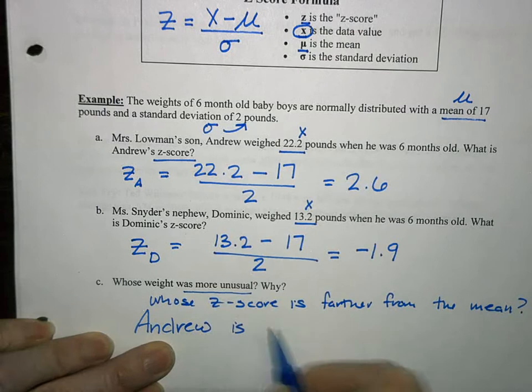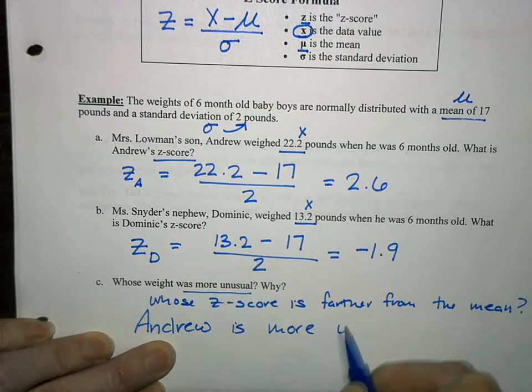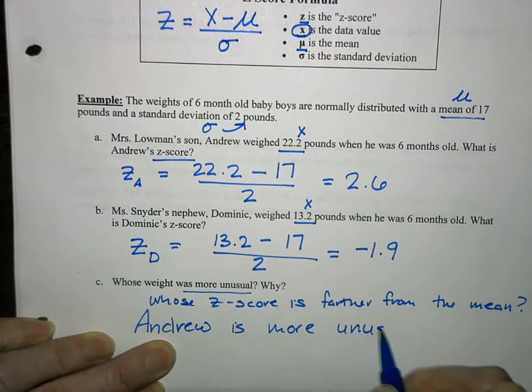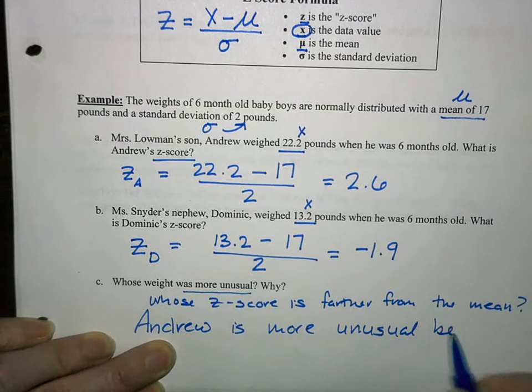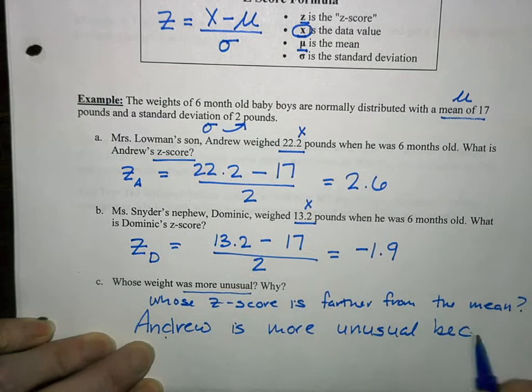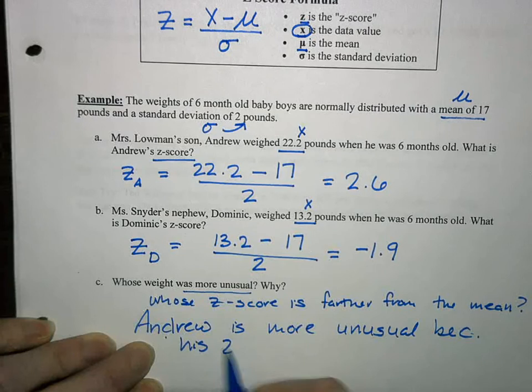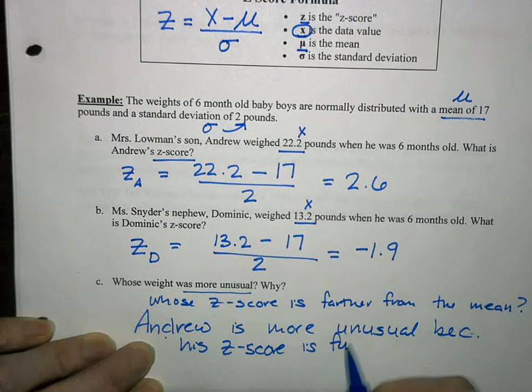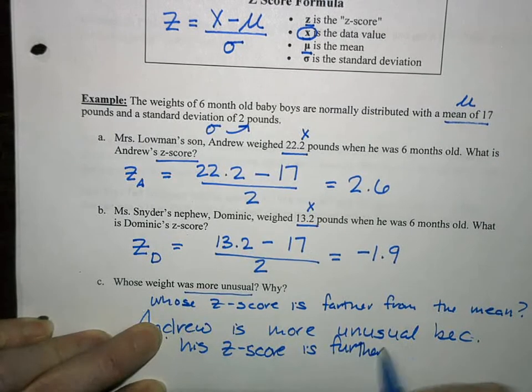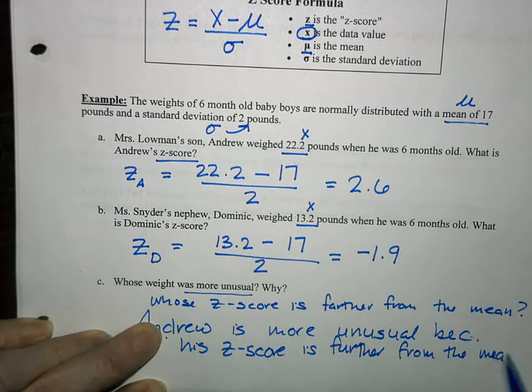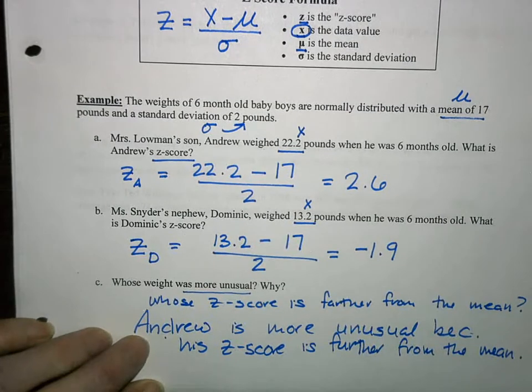Andrew is more unusual because his z-score is further from the mean.